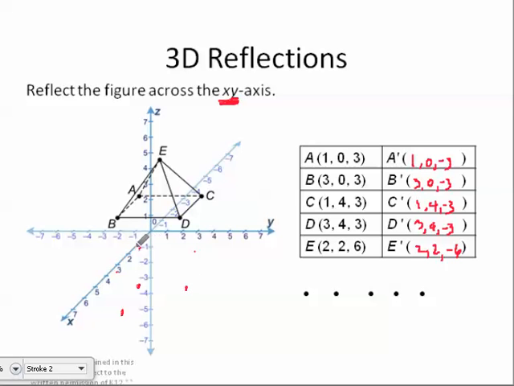D would be located at 3, 4, negative 3. You see how the base got located here? And the other one would be located at 2, 2, negative 6. And there would be our pyramid, upside down, pointing the opposite direction.